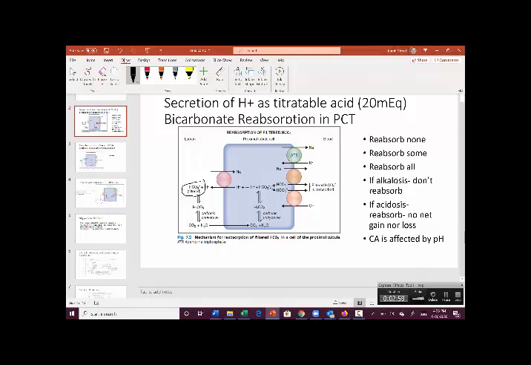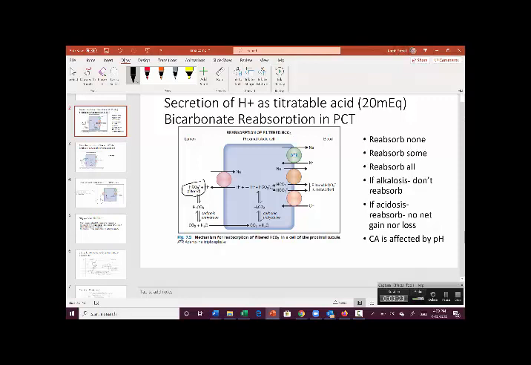When would the PCT reabsorb some or all of the filtered bicarbonate? When a patient is in acidosis. If they're in mild acidosis, then only some of the filtered bicarbonate might be reabsorbed. If they are in severe acidosis, then all of the bicarbonate will be reabsorbed.